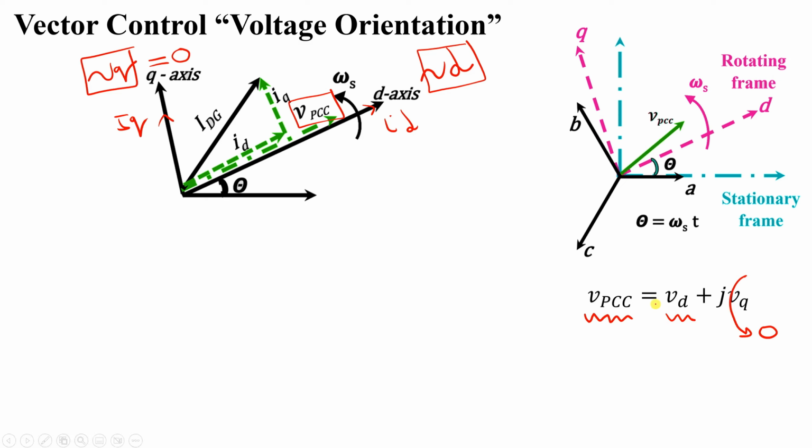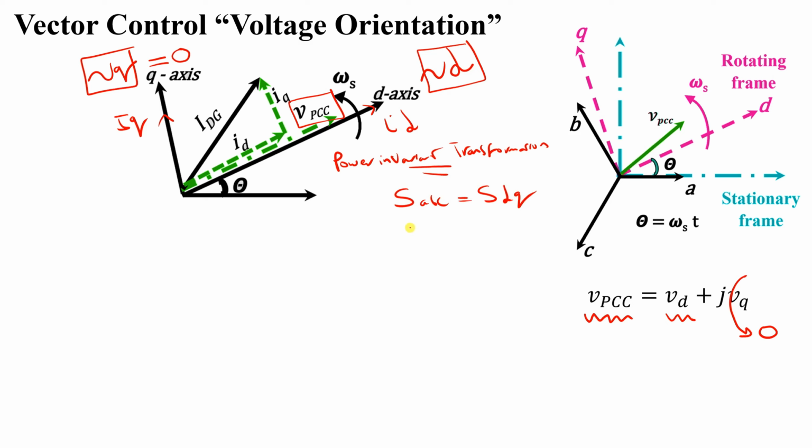However, there is a small trick here. When we use the transformation, as you will see, we used the power invariant transformation, which makes power before, in ABC, equal to power at DQ without any modifications.